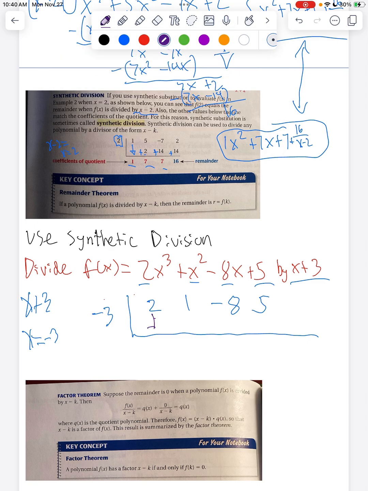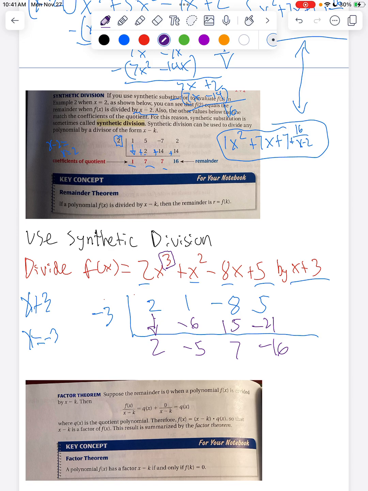So now I'm going to bring my first, there it goes, 2. Negative 3 times 2 is negative 6. I'm going to add these. That's going to give me negative 5 times negative 3. That's positive 15, which gives me 7. And 7 times negative 3 is negative 21, which is going to give me negative 16. So because my highest degree was a 3, I need to start my answer with x squared.